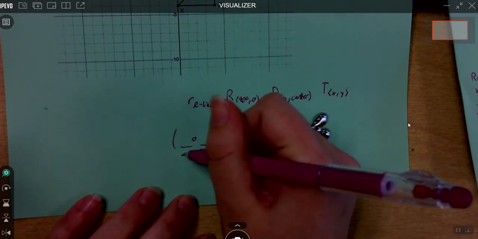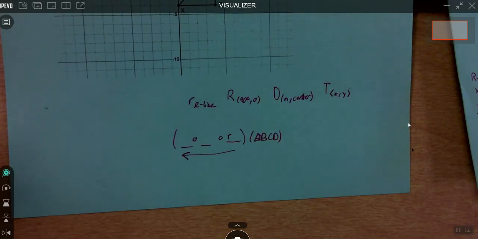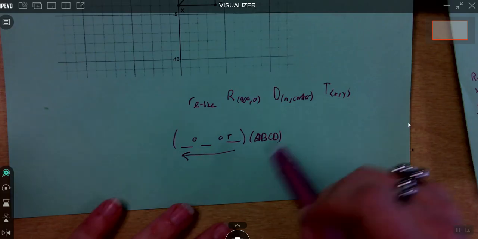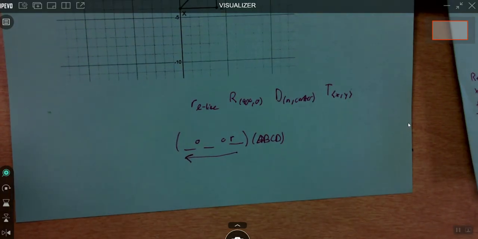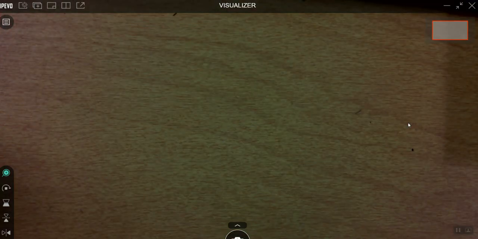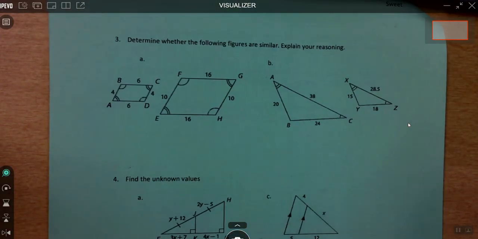Go right to left when we're reading this. You can write it this way, or you can write it out in words. Either one is totally fine. Do we have any questions about that problem? Okay, there's different ways you could have written it.